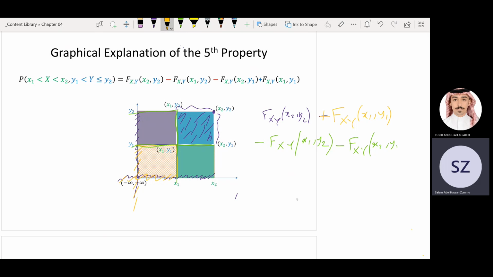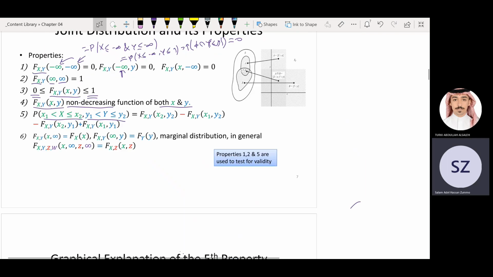So it will be F_XY(x2, y2) minus F_XY(x1, y2) minus F_XY(x2, y1) plus, okay, the part that we subtracted twice, which is only this. Okay, so basically this is the answer here.